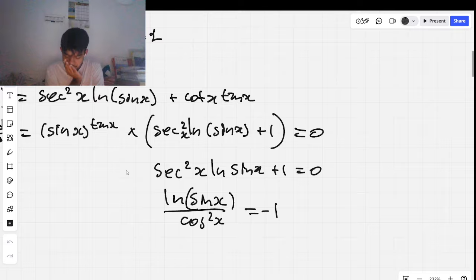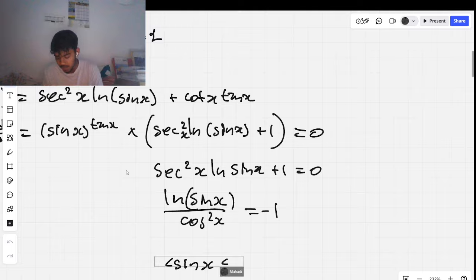Now, if I think of the graph of ln sine x, ln has a domain that can't be negative, can't be 0. So sine x must be between 0 and pi, which is when it's positive, and all of its periods.